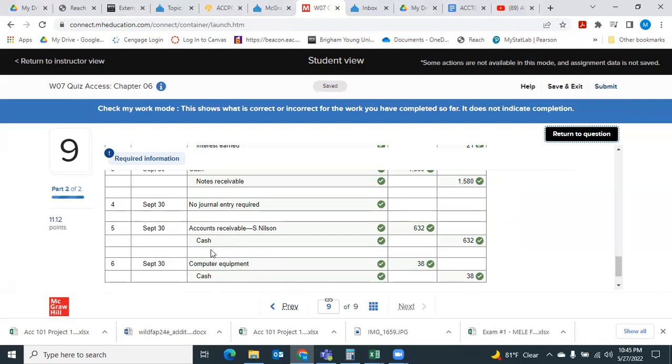And then finally on the check error, because we recorded the check for $38 less, and your numbers might be different, but we recorded that for $38 less than what it truly was, then we're going to debit computer equipment to show an increase in cost to that equipment of $38 and credit cash to show $38 less in cash.